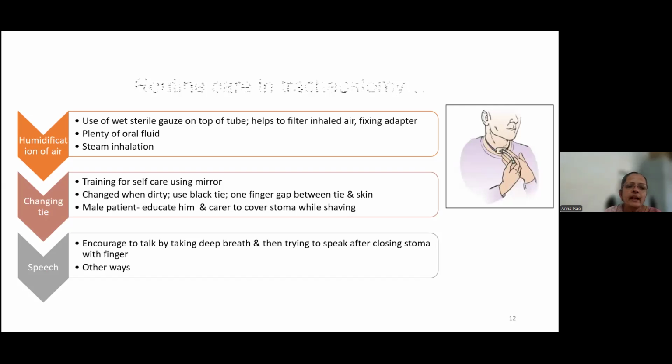Okay. Then about humidification of air, right? When the natural air passage is there, it humidifies itself because of the presence of the secretion. But now it has become difficult, right? So wet sterile gauze can be placed over the tubing, on top of the tube, and it will also help prevent foreign material going in.